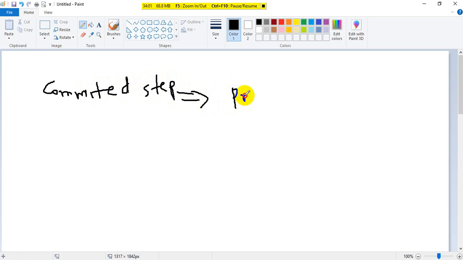Products. But if the enzyme catalyzing that step is inhibited, it means that products will not be formed. So that is the committed step, or the rate-limiting step.